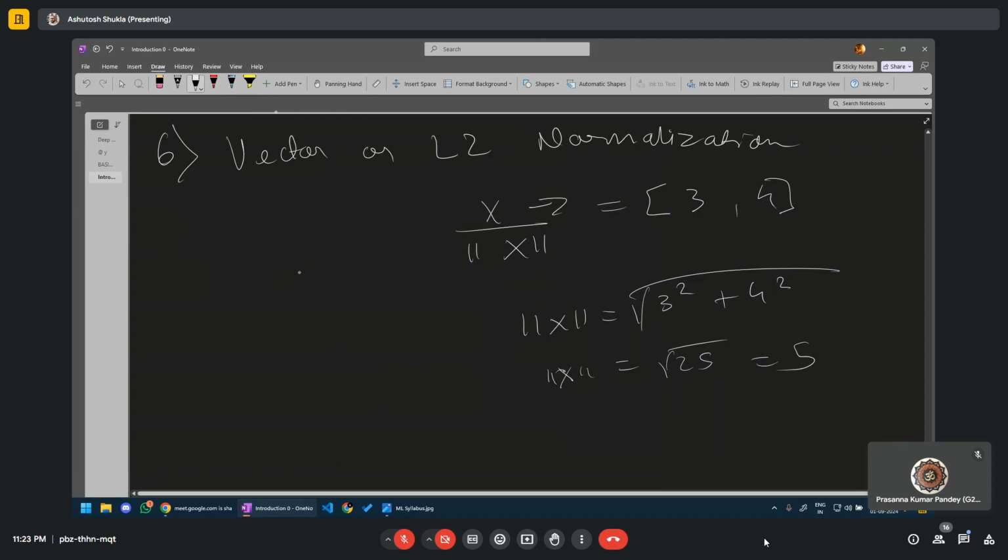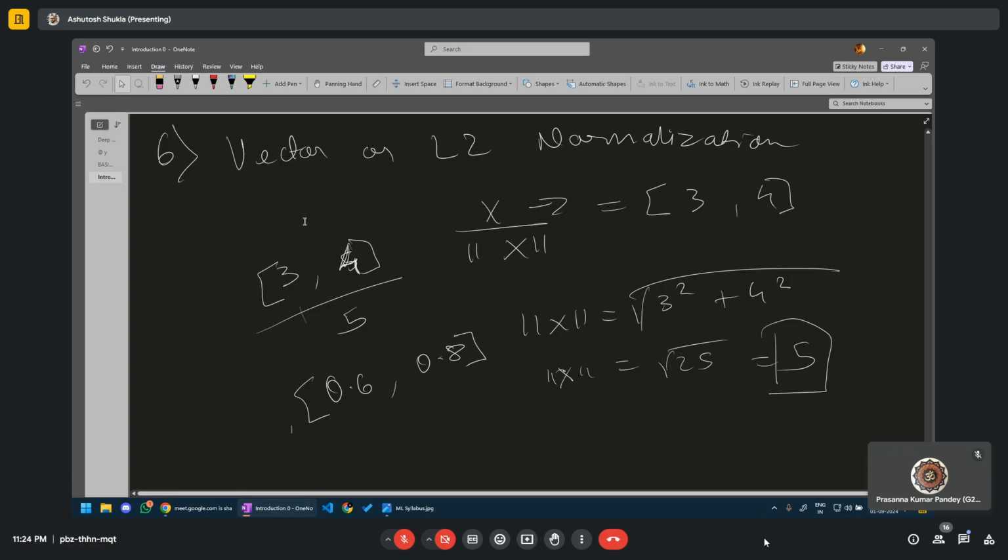So all you have to do is take 3, 4 and divide each one by 5. So 3 divided by 5 is 0.6, and 4 divided by 5 is 0.8. And that is your normalized vector, basically.